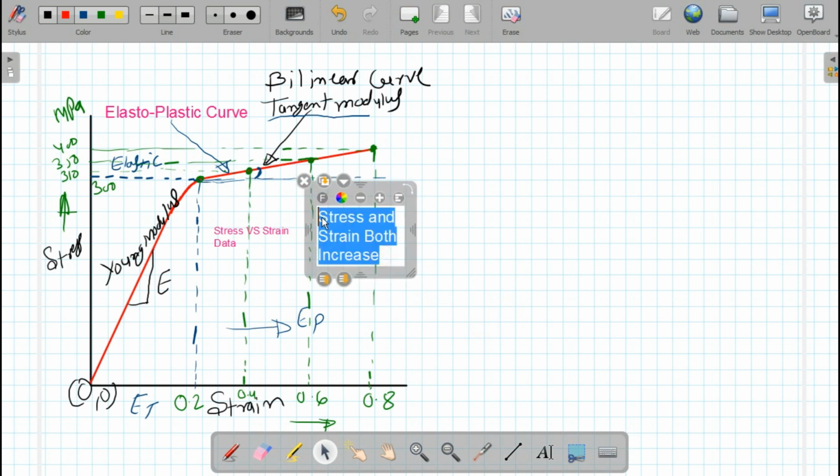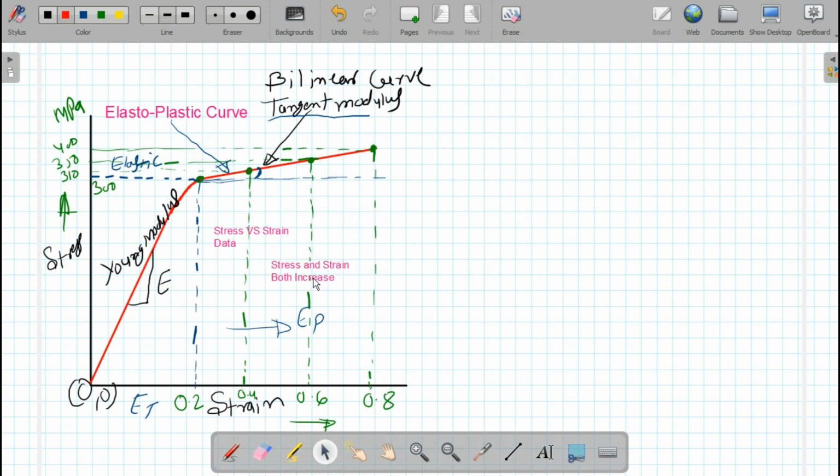Coming back to, okay, now in the bilinear curve in ANSYS you can also define this called the tangent modulus.